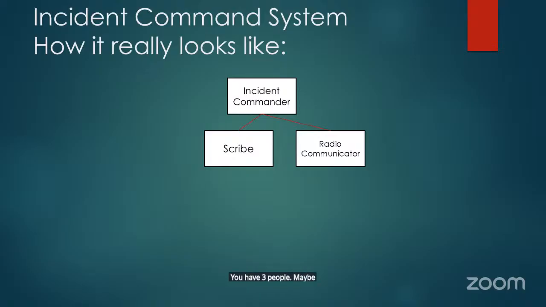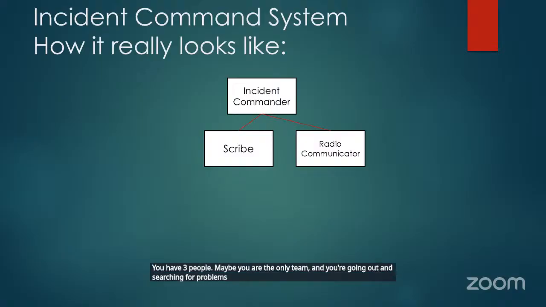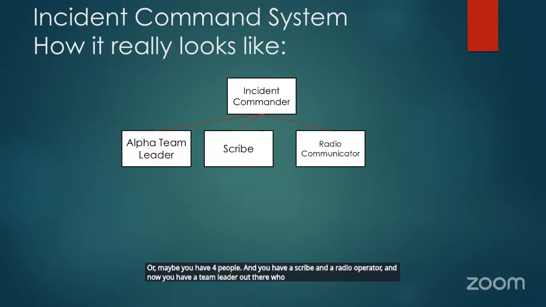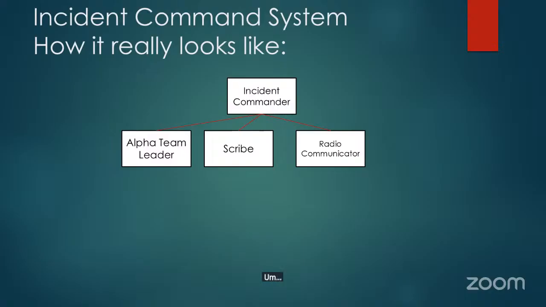Maybe you are the only team and you're going out and searching for problems and trying to fix them. Or maybe you have four people and you have a scribe and a radio operator, and now you have a team leader out there who has no team. That's a bit of a problem.